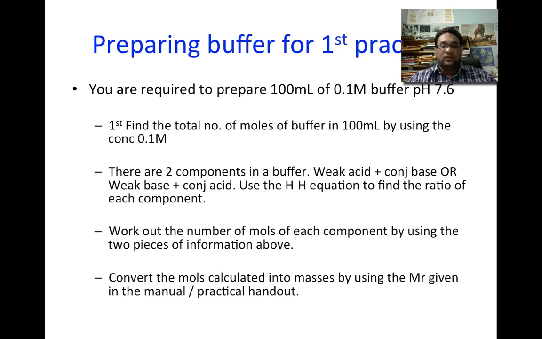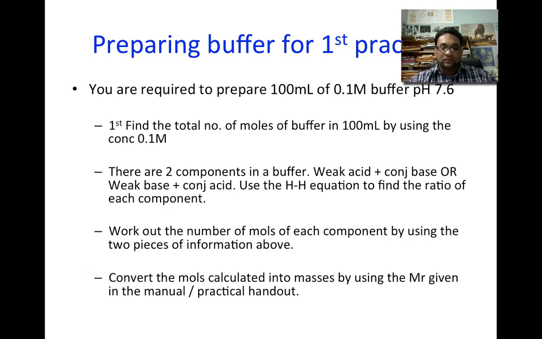Then ask yourself, what are the two components of a buffer? You must have a weak acid and a conjugate base, or you should have a weak base and a conjugate acid. So use the Henderson-Hasselbalch equation to find the ratio of each component. Now that you have these two pieces of information, you can work out the number of moles of each component, alright?